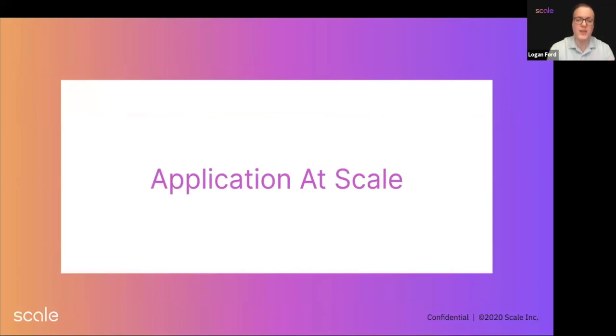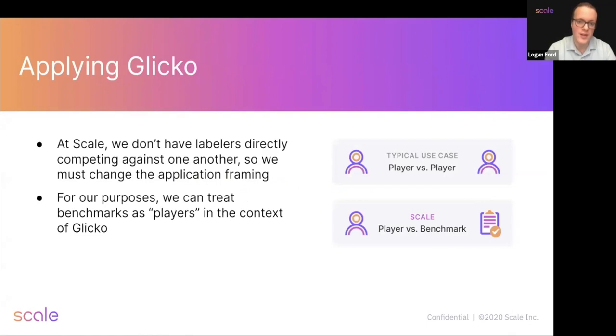And so now that we've gone over Glicko as a whole, we can start talking about how we actually apply this at scale and what this means for us. To start, unlike with games, either online or board games such as chess, we don't have our players going right up against one another. Our labelers are playing against benchmarks and never directly against one another.